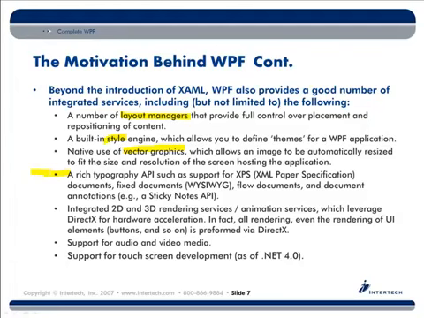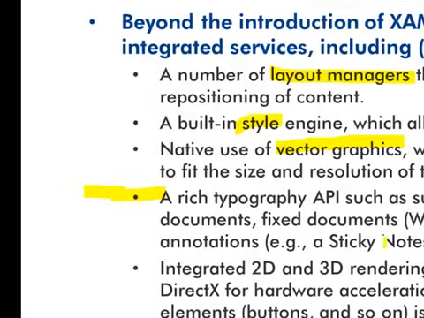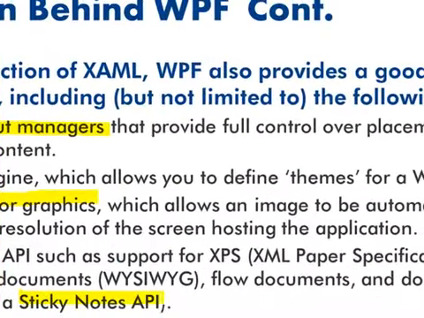Extremely rich text. The cool thing about how WPF does it is that extremely rich text can be described right through XAML. So if you wanted to incorporate PDF-style functionality into your program, it's real simple to do. There's even a built-in sticky notes API. So if you want to let the user select a body of text and make a little sticky note that can be saved out later on, that's simple to do as well.